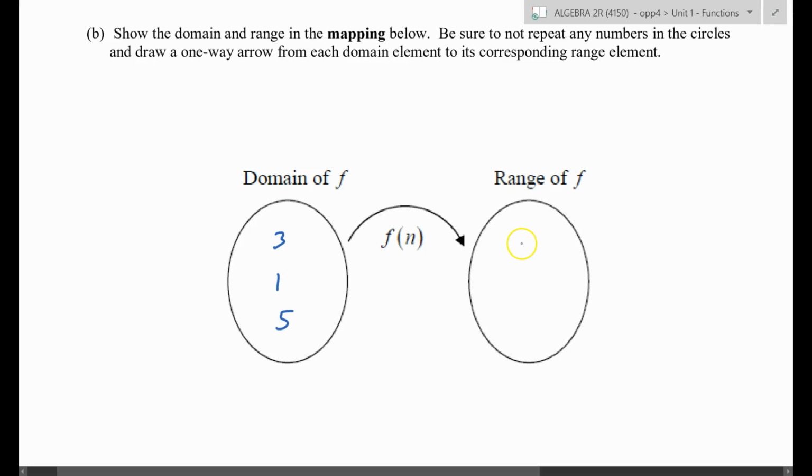And what were the output values that I got? 3, 7, and 11. So where did the 1 go? 1 went to 3. 3 went to 7. So there's a mapping.